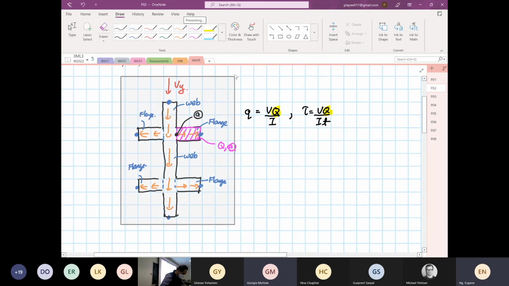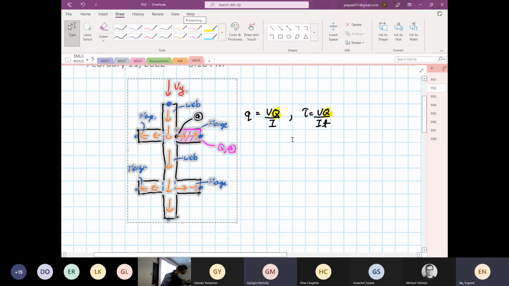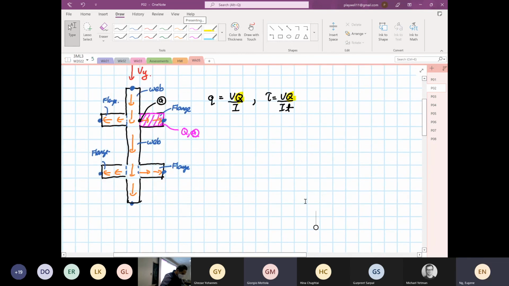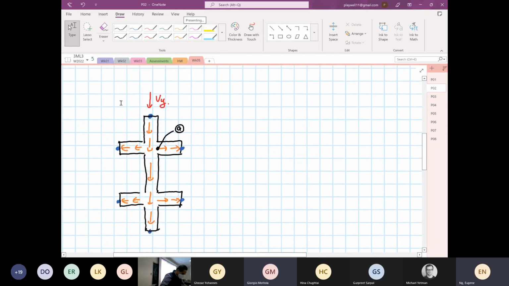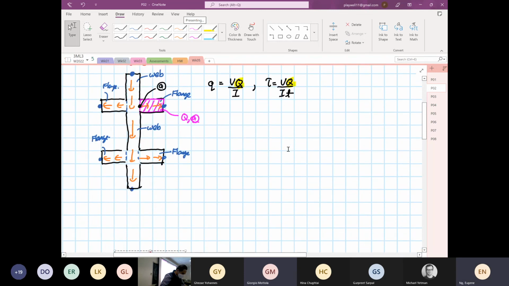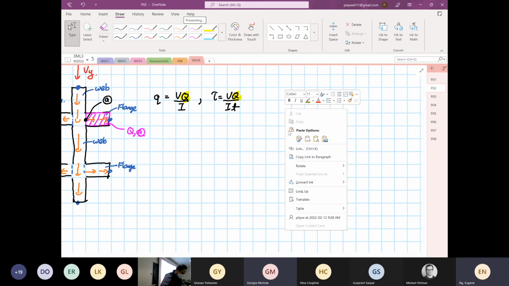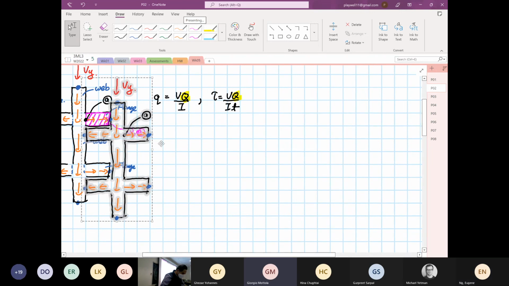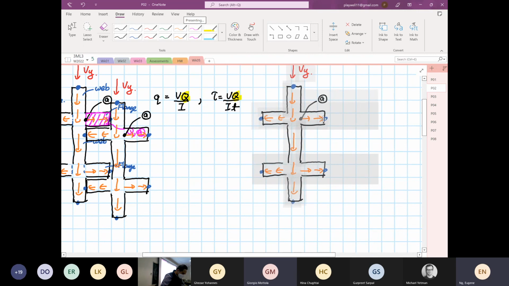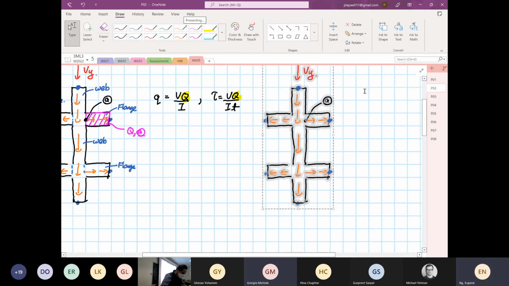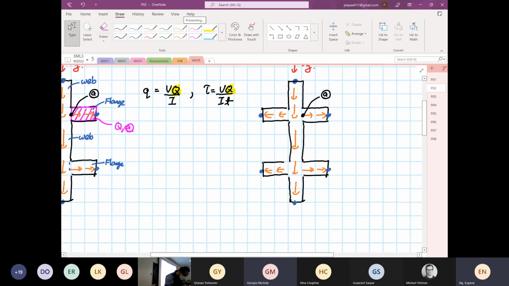Okay, what the student mentioned, I'm going to draw another. My bad. So if you construct your shear flow in this direction, let me wipe this out. Sometimes you're better off redrawing the whole thing.